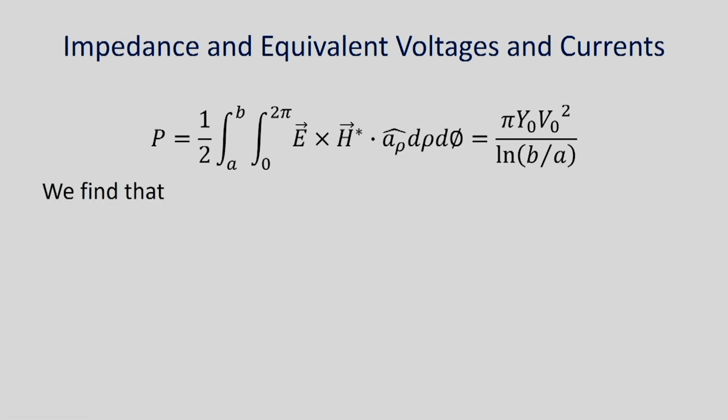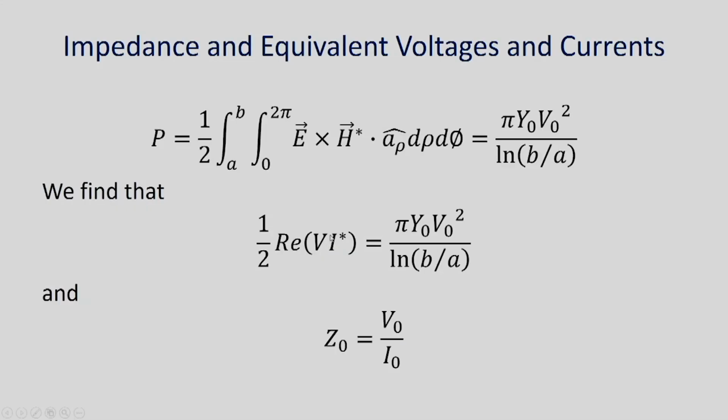If we find the power from the current and voltage waves, I and V, which we have just defined, then half Re(V I complex conjugate) also gives the same quantity, pi Y0 V0 squared by ln(b/a). So whether we use the field equations or the equivalent voltage and current equations, the same power flow is evaluated on the coaxial line.